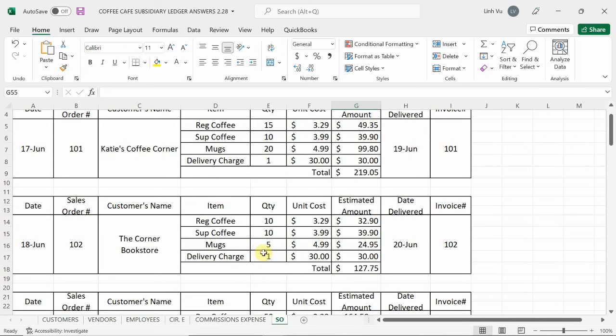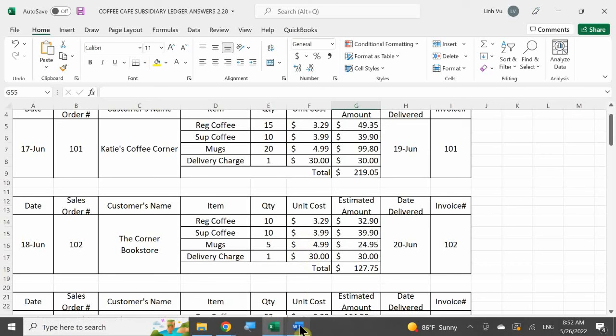We delivered 5 of them and cracked 4 of them. So in this case, we charged each mug $4.99.